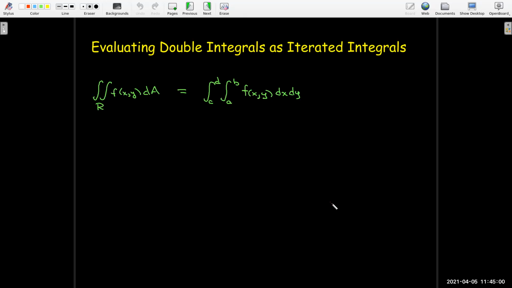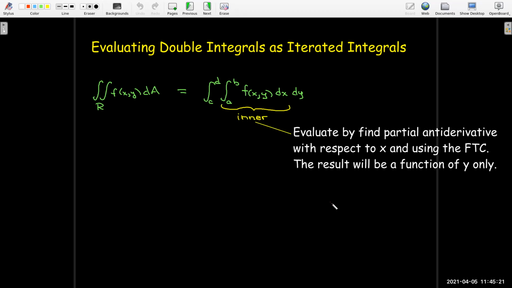So how do we evaluate these double integrals? Well, what we do is we write them as two regular integrals iterated, so one after the other, or nested maybe is a better word, because one is on the inside and one is on the outside. So we're going to evaluate the inner integral first.